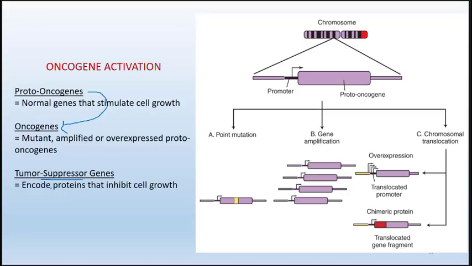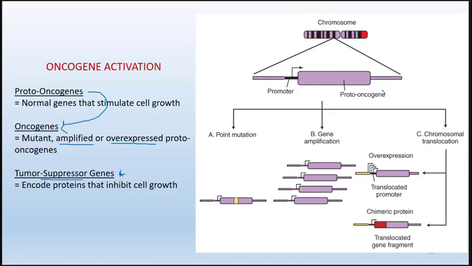If this gene is not working properly, maybe it's silenced, this is not good. We want this gene to be working properly. The term amplified, or over-amplified, refers to making many copies, whereas overexpressed refers to genes being turned on all of the time.